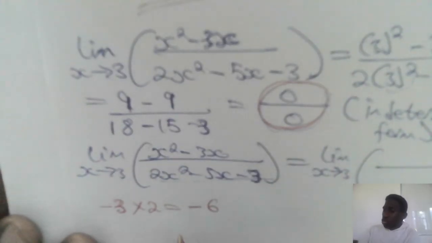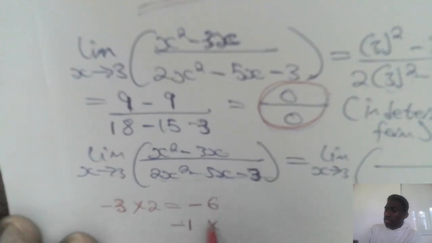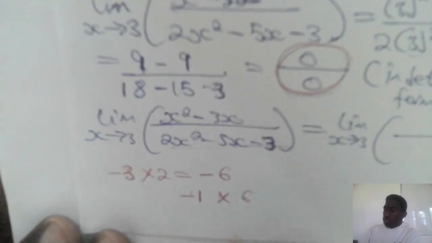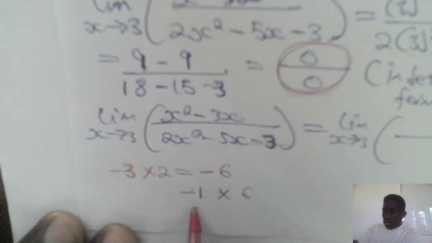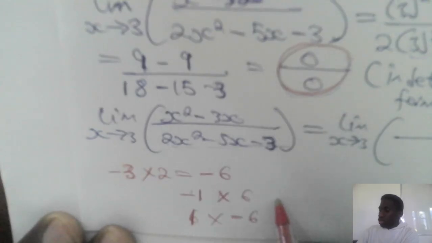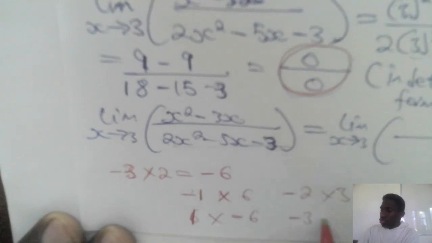So we have minus 1 times 6, 1 times minus 6, minus 2 times 3, and minus 3 times 2.